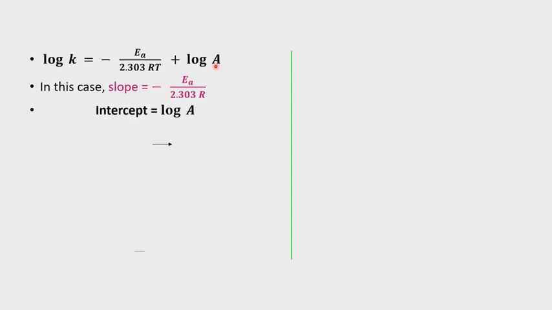In this case, slope equal to minus Ea by 2.303 R. Very important. Intercept is log A.